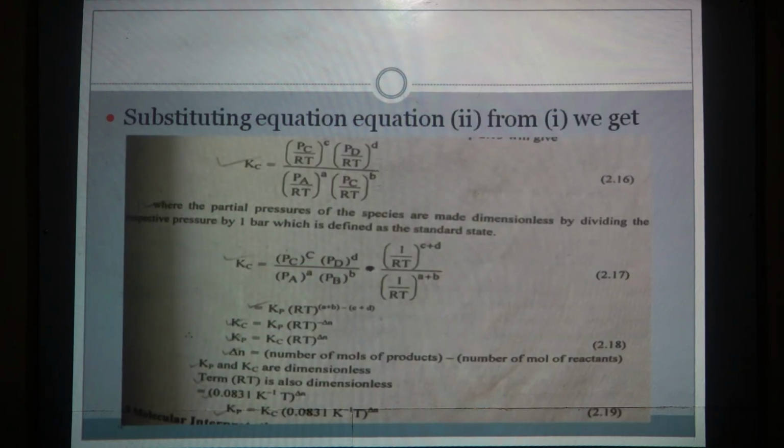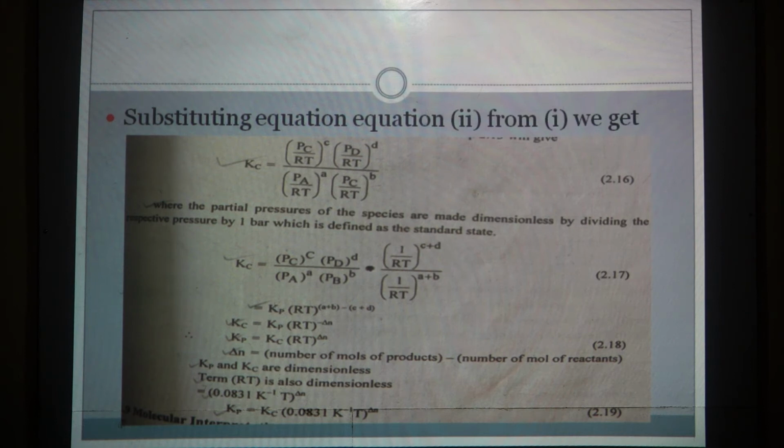Next, substituting equation 2 into equation 1, we get Kc is equal to (Pc upon RT)^c (Pd upon RT)^d upon (Pa upon RT)^a (Pb upon RT)^b, where partial pressures of species are made dimensionless by dividing respective pressures by 1 bar, which is defined as standard state.